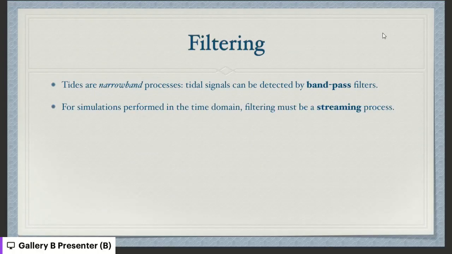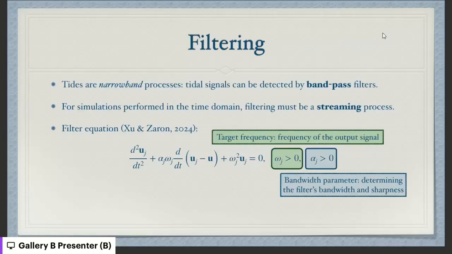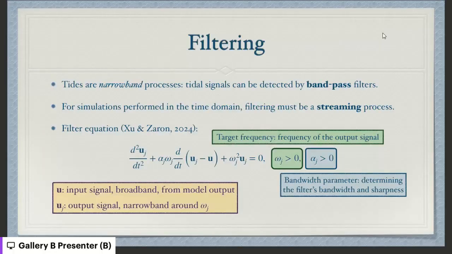We are taking a completely different approach from harmonic analysis. What we do is use a second order ODE as the filter equation, where omega is the target frequency of the filter, which is the tidal frequency you want to have, and alpha is the bandwidth of the filter.